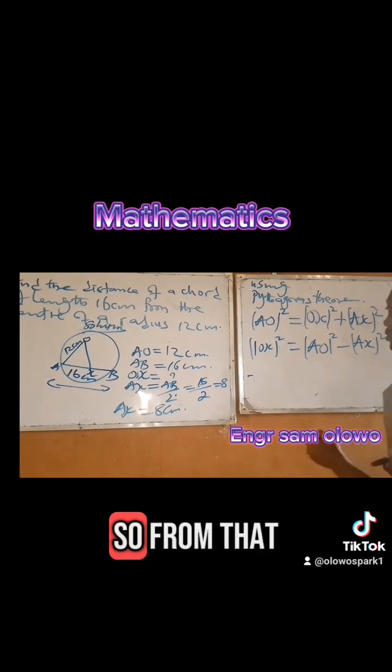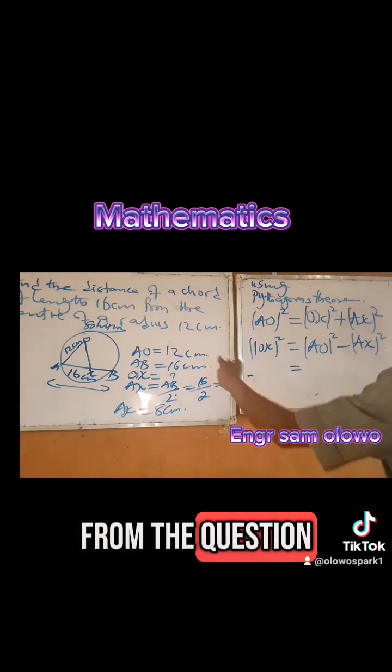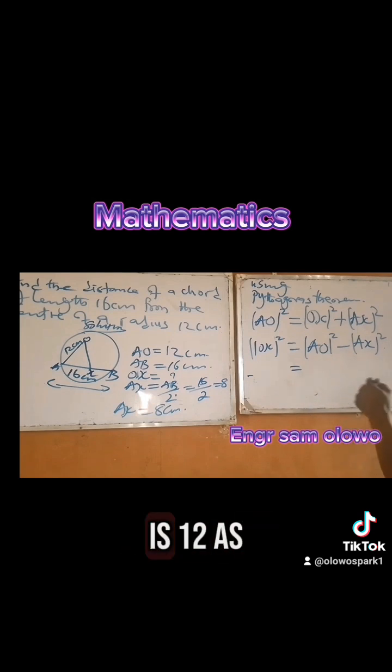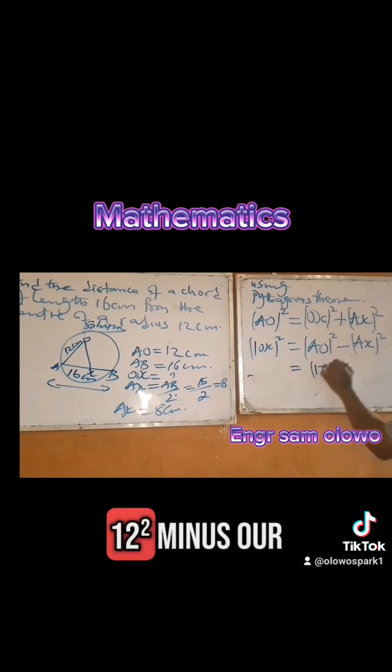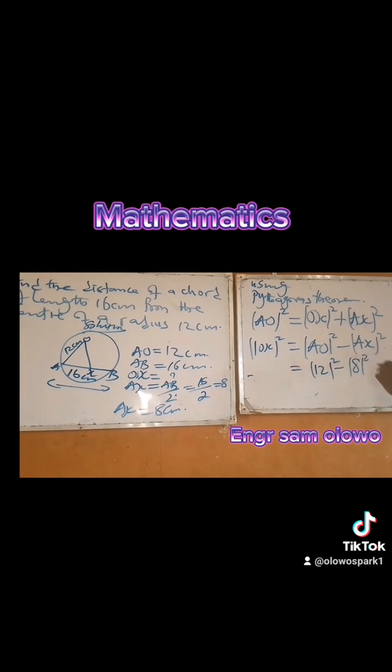So from the question here, our AO is 12, that's 12 square, minus our AX is 8, and then we square.